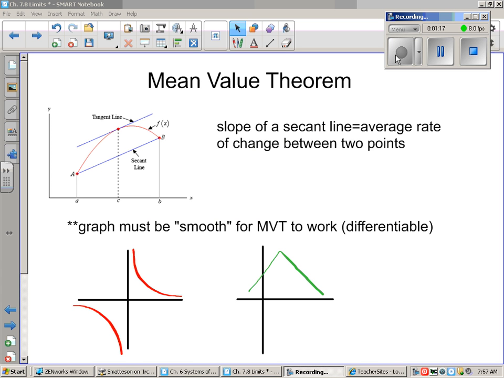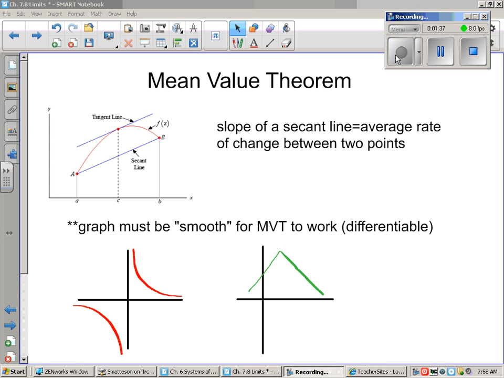Now, in order for the mean value theorem to work, the graph must be differentiable. It must be smooth. So in looking at the two examples you see here at the bottom of your screen, with the hyperbola and the absolute value of sorts, it's obviously upside down and above here.